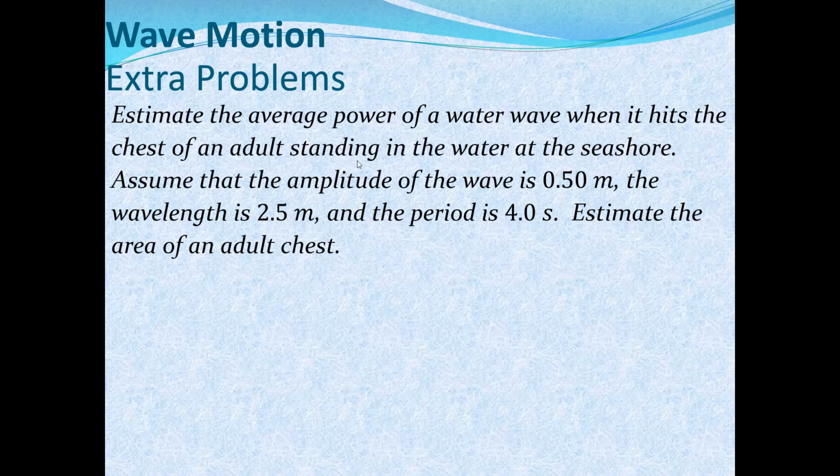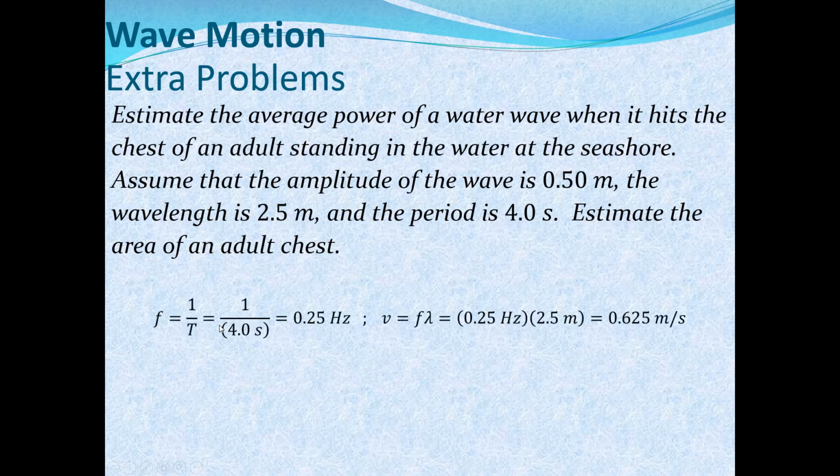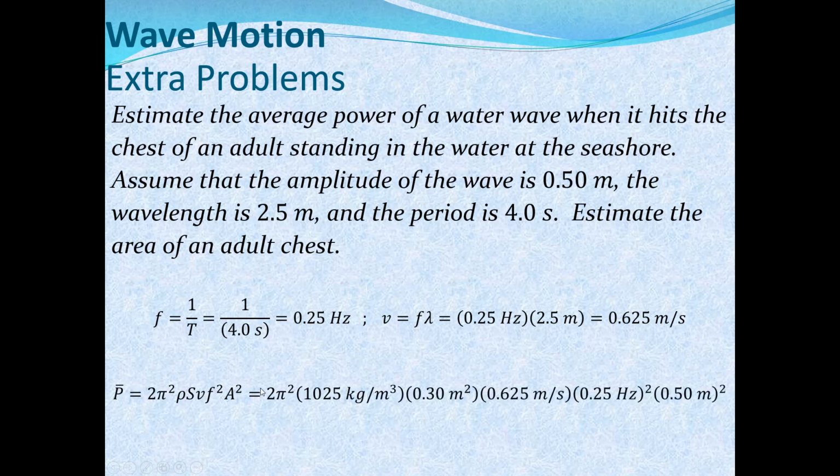Alright, so we do have an equation for average power. First, in order to use it, we need to find the frequency and the velocity. With the period, we take the inverse of it and we get the frequency. Using the wavelength, we can then find the velocity. Then we can combine it all together into the average power equation.